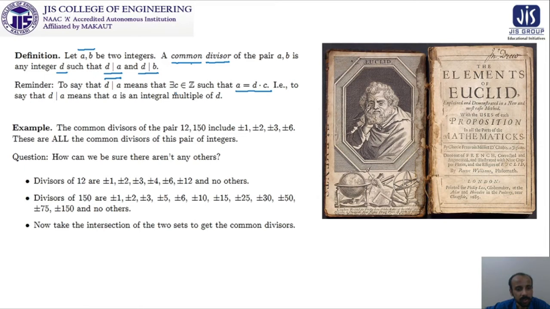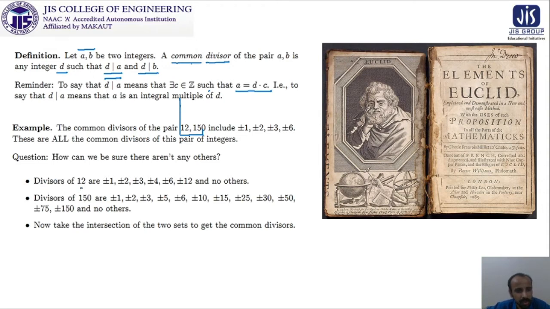So look at this: the common divisors of the pair 12 and 150 include plus minus 1, plus minus 2, plus minus 3, plus minus 6, and these are all common divisors of this pair of integers. Now the question is, how can we be sure there are not any others except these?